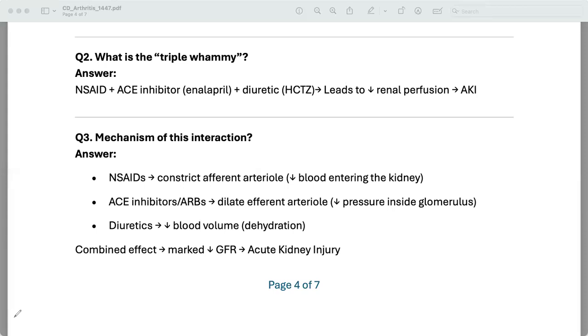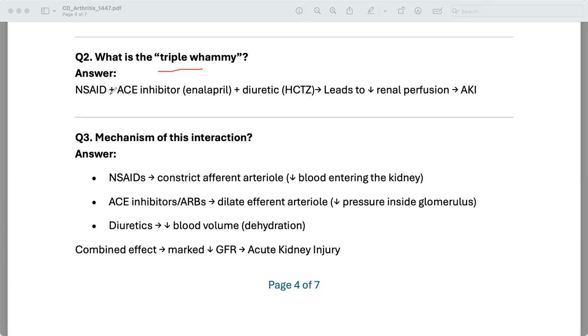What is triple whammy? When the patient takes these three drugs, and due to interaction of these three drugs, there is the acute renal or acute kidney impairment or acute kidney injury, it is called triple whammy.